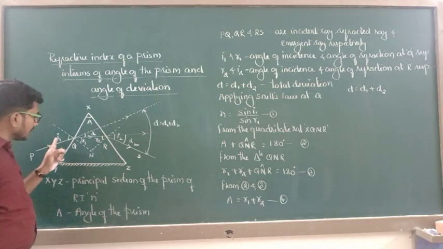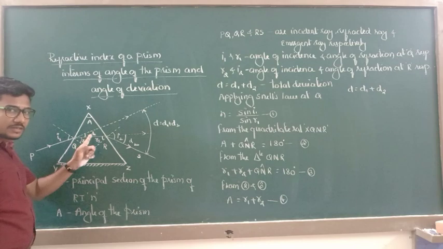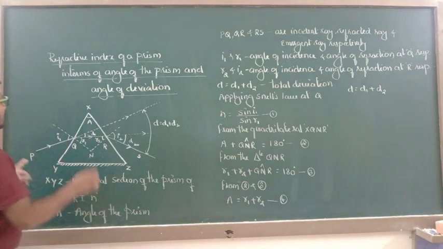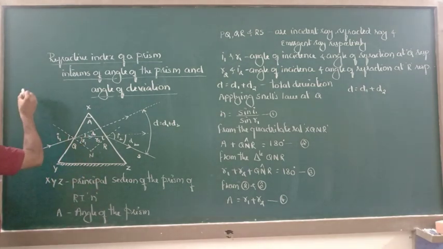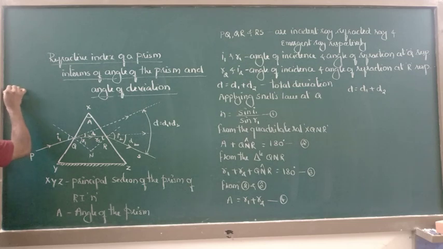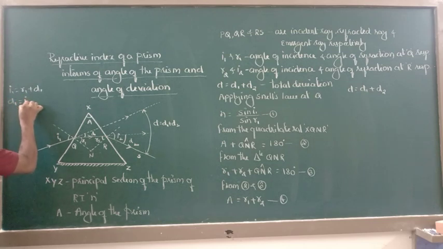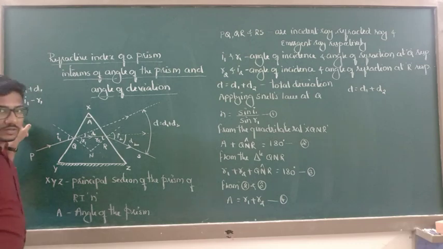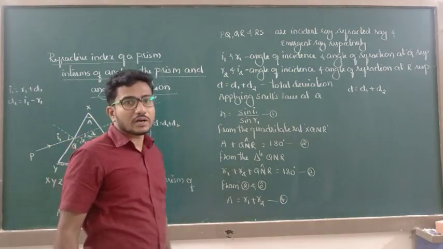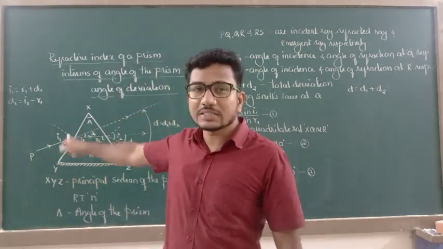Therefore, I1 is equal to R1 plus D1, and D1 is equal to I1 minus R1.